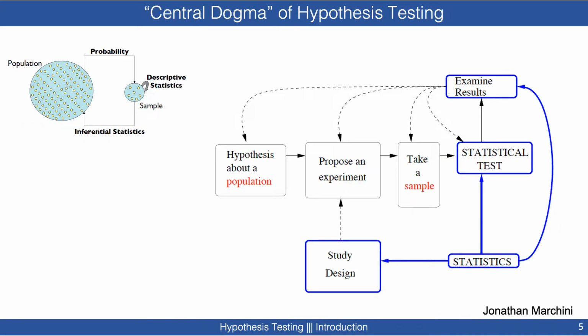To make it schematic, the hypotheses that you may have will be tested in a robust statistical way by proposing an experiment that has enough power, and we'll discuss power at the end of the lecture. You are supposed to take an unbiased sample, that means a sample that represents the full population well.